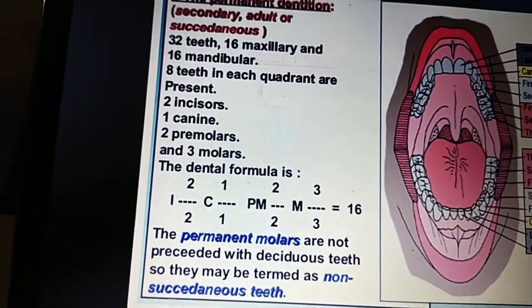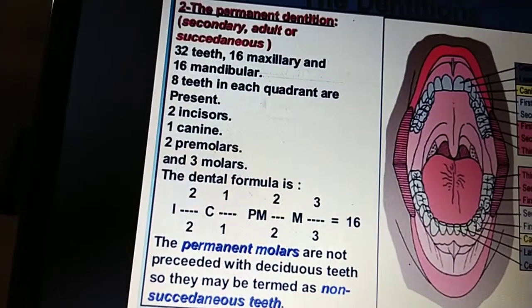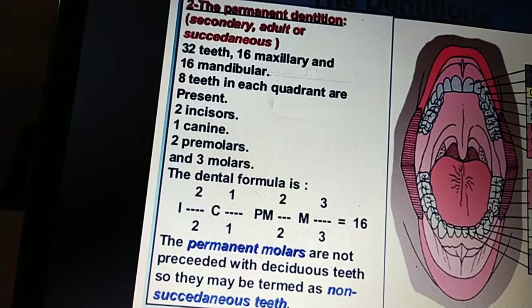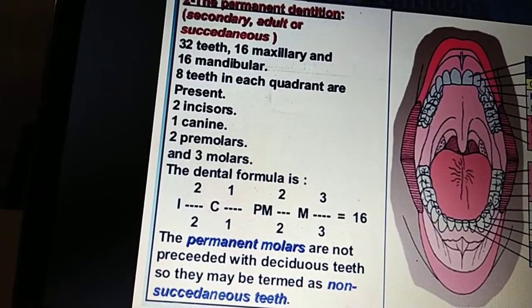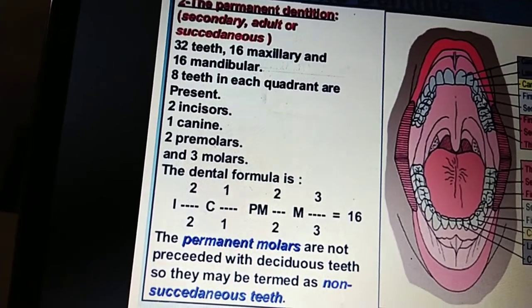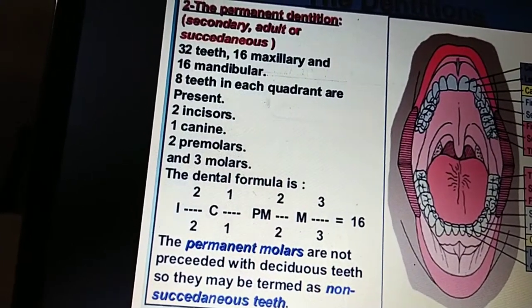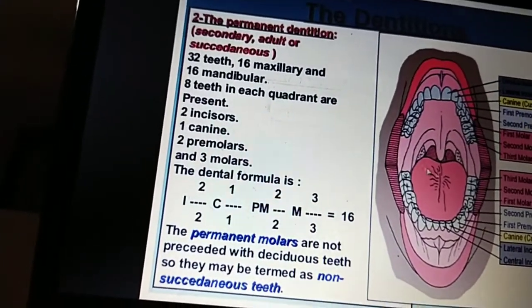Like that you can see also above and downwards. Here also these 2 are incisors, this is one canine, these are the 2 premolars, and these 3 are molars. Like that they are arranged.